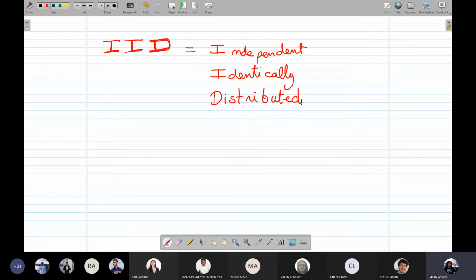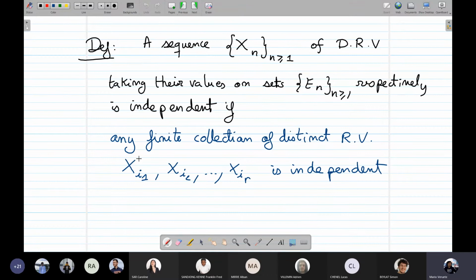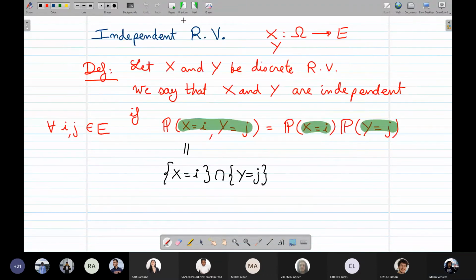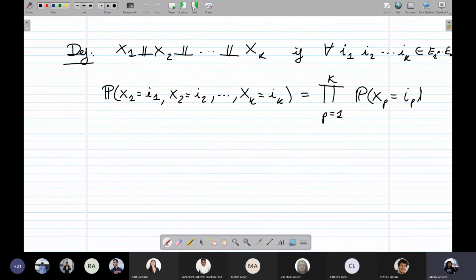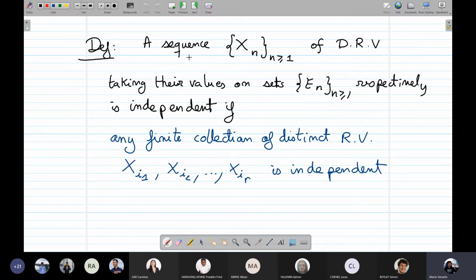This is the case when all the sets are the same, and there is a probability distribution function that does not depend on n. So I have maybe 2 random variables, maybe 10 of them, or 1,000, or even an infinite number, and the independence is defined in this way.